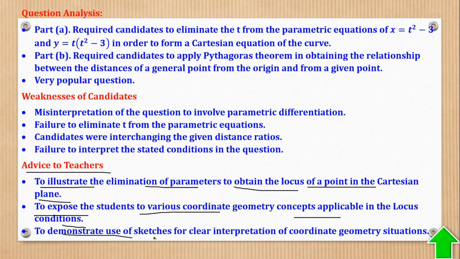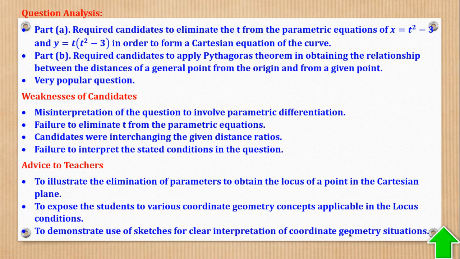Then teachers should demonstrate the use of sketches for clear interpretation. Like I told you, a sketch may not carry a mark, but it helps you not to misfire or not to misinterpret the given question.